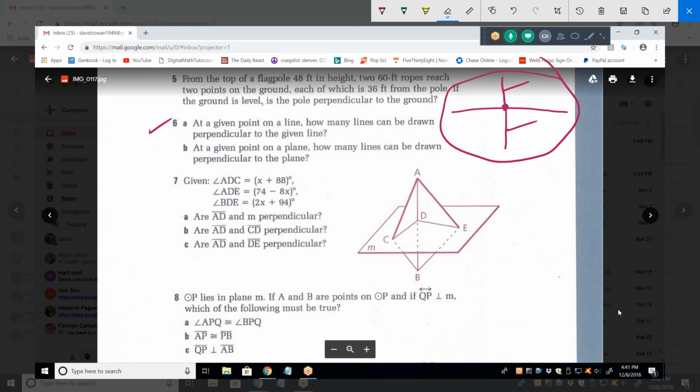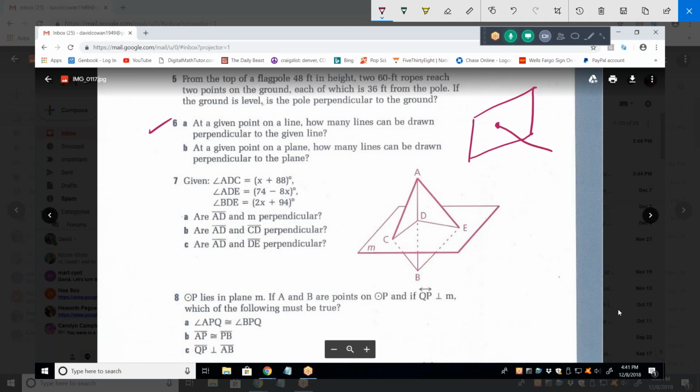Okay, the second part. At a given point on a plane, how many lines can be drawn perpendicular to the plane? Only one, I think so.